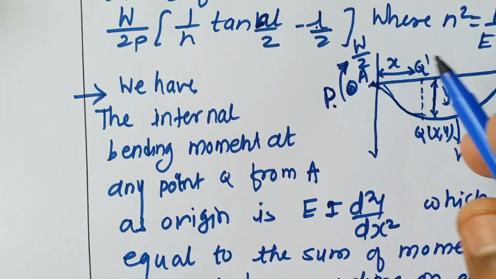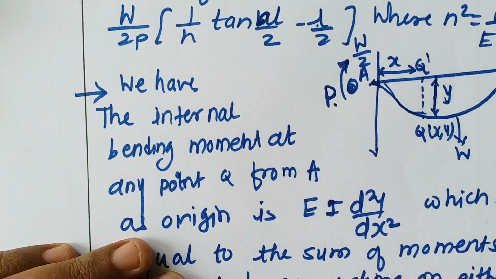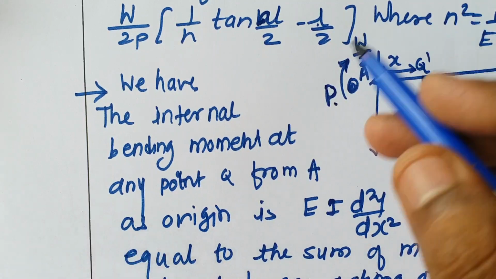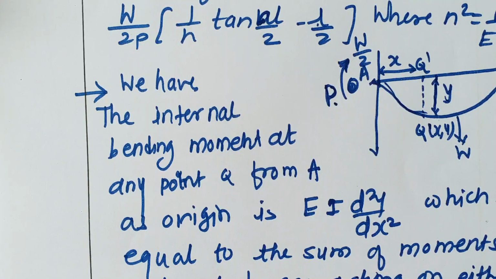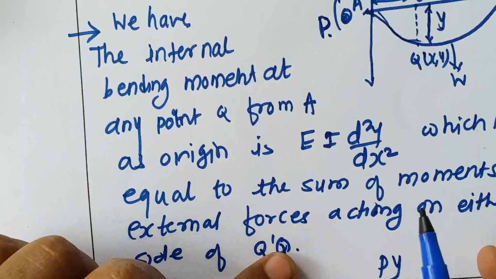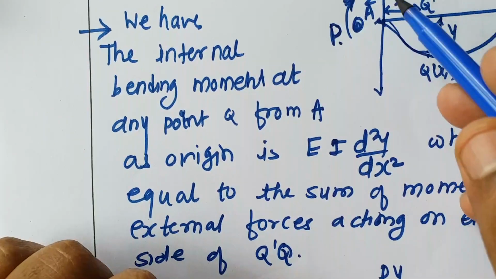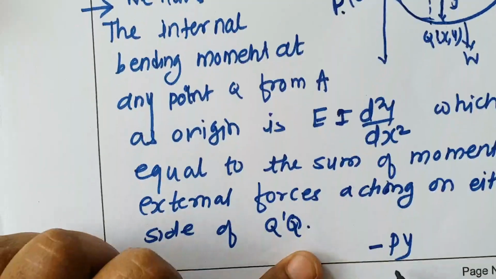Whenever a compressive or tension force is acting in the anti-clockwise direction, we take a positive sign, and if it is acting in the clockwise direction we take a negative sign. These are the sign conventions you might know. Since the force here is clockwise, we take a negative sign for the moment.